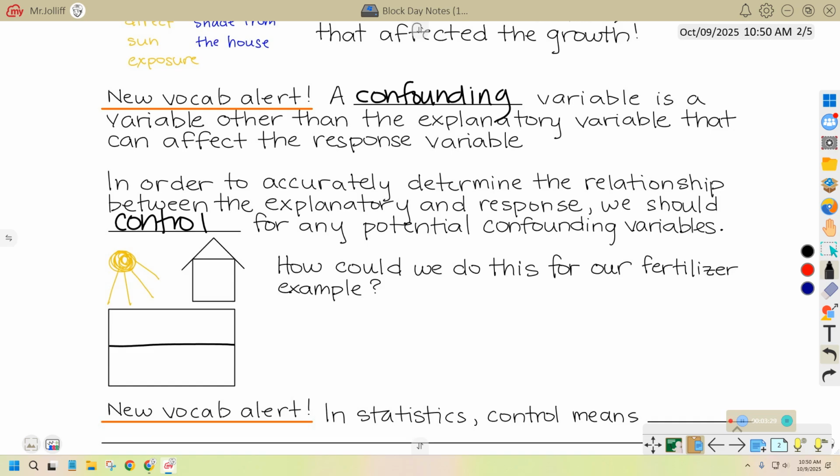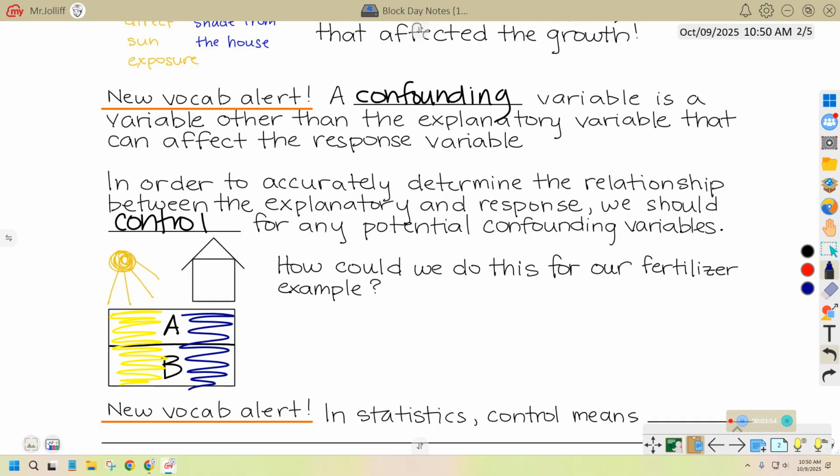Doing it this way, here's my A, here's my B. Make sure that both A and B are getting some of it in the sun and some of it in the shade. So now I know A versus B when it's sunny.